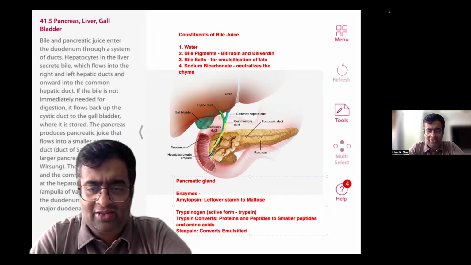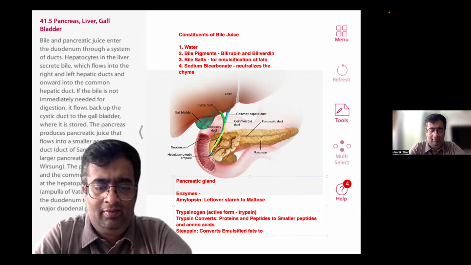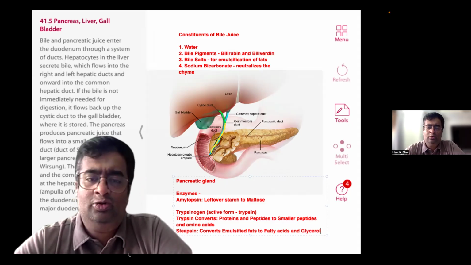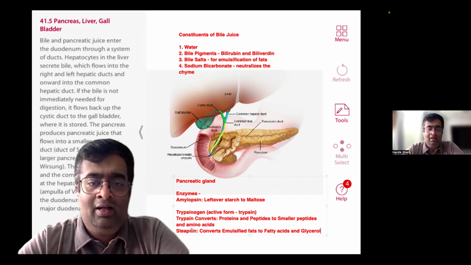If you remember, the fats were emulsified by the bile salts present in the bile juice, and they are broken down into fatty acids and glycerol by steapsin, the pancreatic lipase. So these are the three enzymes: amylopsin, trypsinogen, and steapsin.